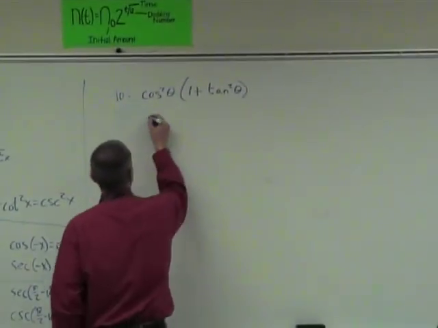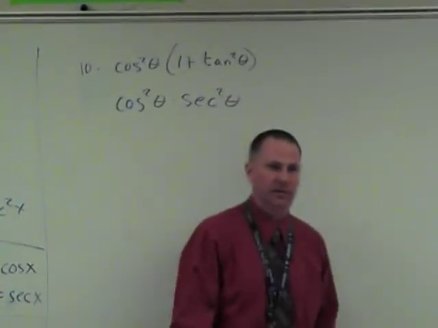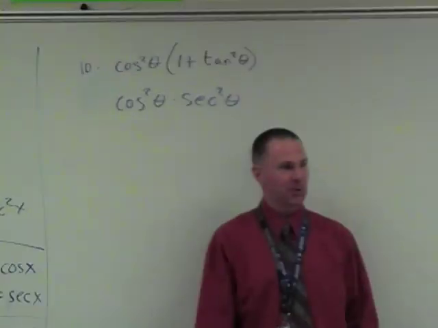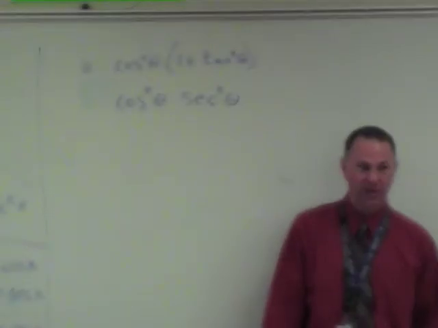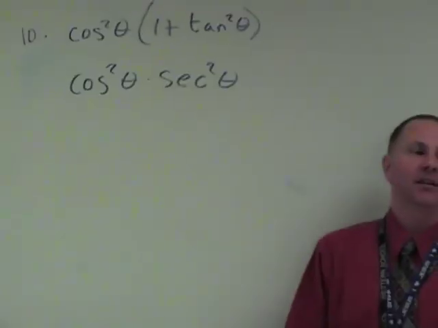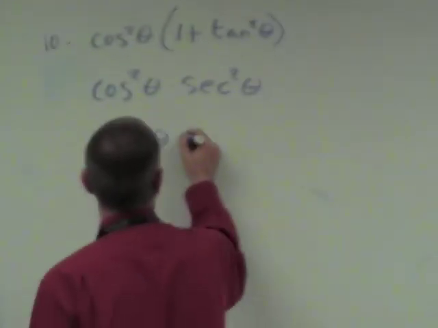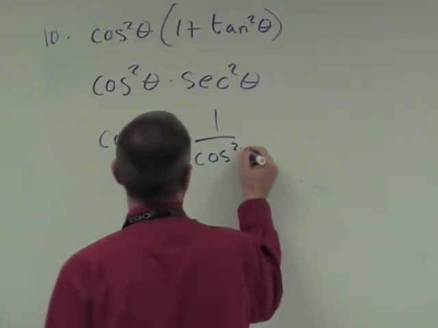That's secant squared of theta, so cosine squared of theta times the secant squared of theta. What do we know about secant? Tyler, what do we know about secant? The inverse of cosine. Okay, so we have cosine squared of theta times 1 over cosine squared of theta.